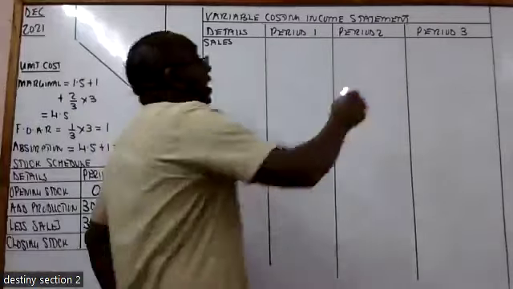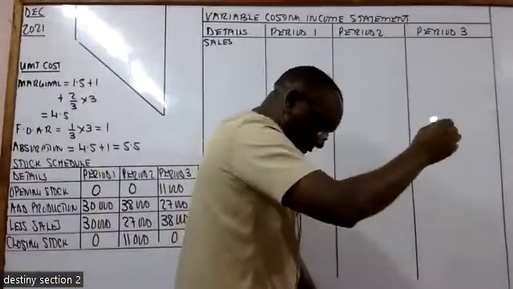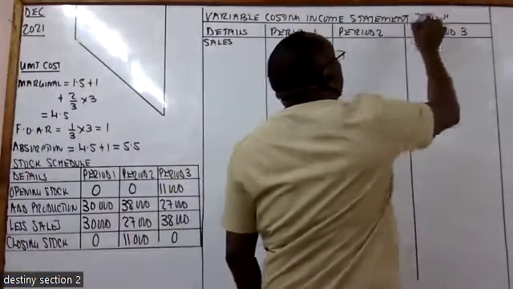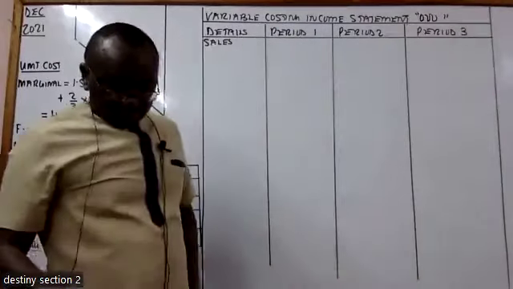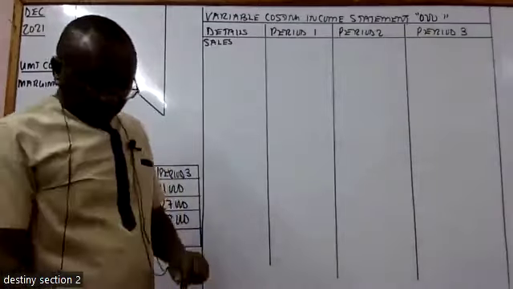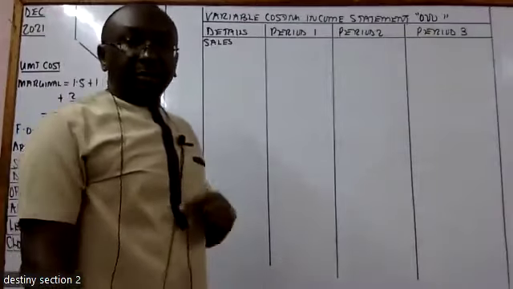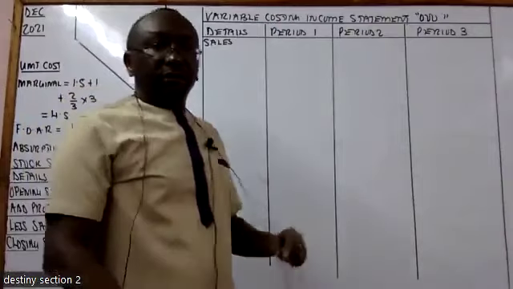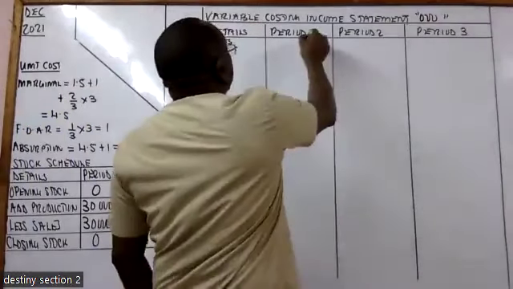If our figures are in thousands, 9 times 30 is 270.